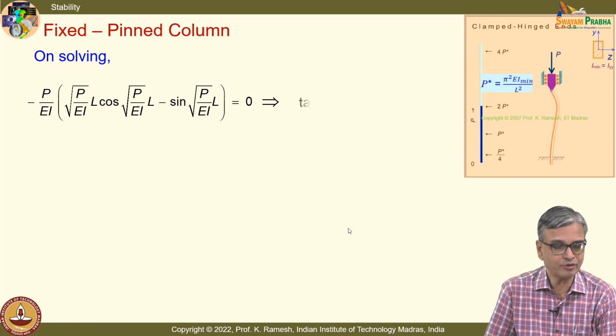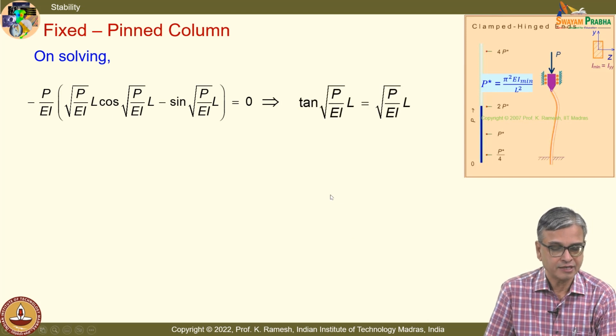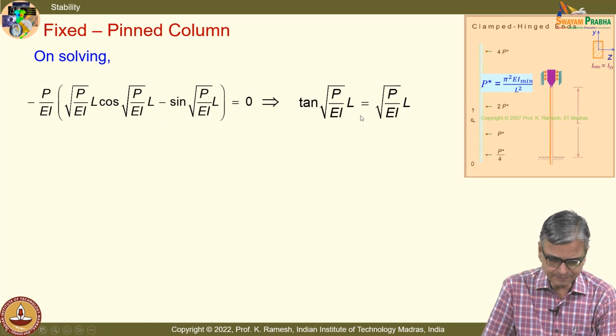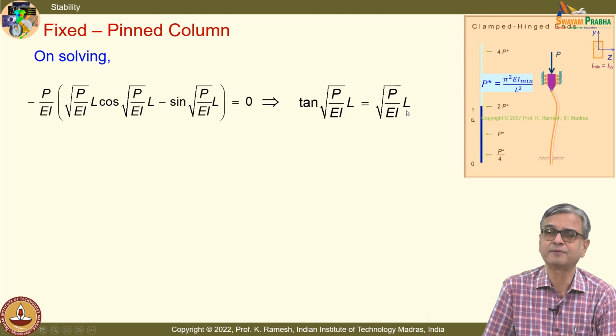So I am going to have this go to 0. You have to recognize this should be translated into tan square root of P by EI L should be equal to square root of P by EI multiplied by L, and this needs to be solved.